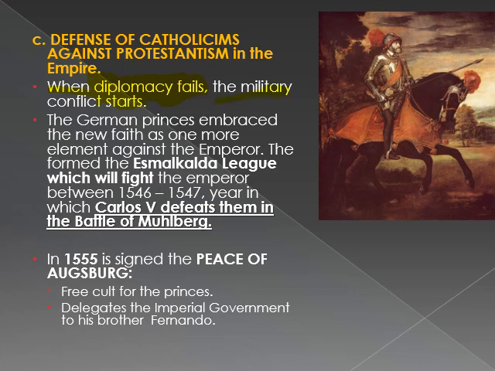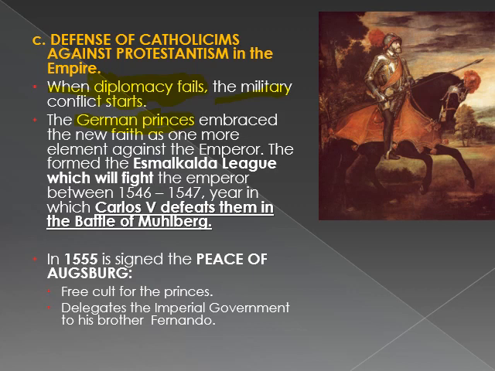The German princes, all these Protestant German princes that we talked about, saw Protestantism not only as a religious reformation, it was also something linked with their political interests, their political ideas. They saw it as an opportunity to defy the emperor's authority, which was very big because Charles V controlled European policy.